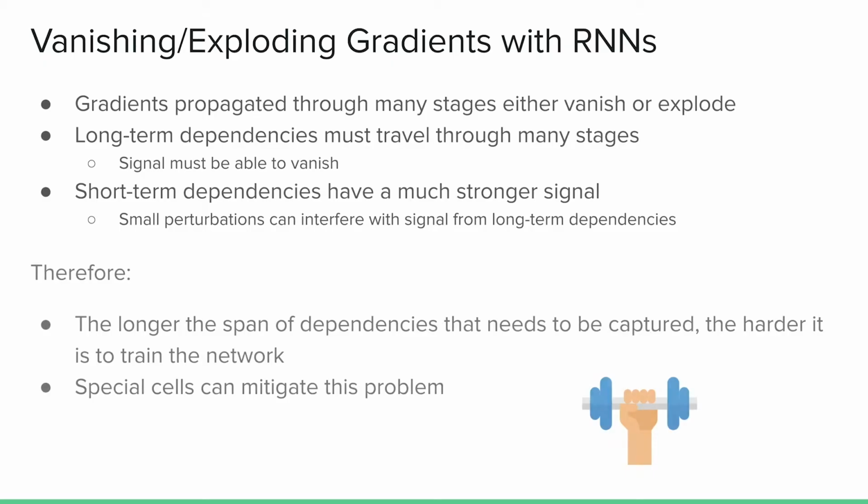We're multiplying the signal repeatedly with exactly the same number. That's why these vanishing and exploding gradients are a serious issue with recurrent neural networks. So the longer the span of the dependency that we want to capture, the harder it is to actually train such a neural network, because of exactly this problem. But there are special cells that can help us to mitigate this problem that we will talk about a bit later.